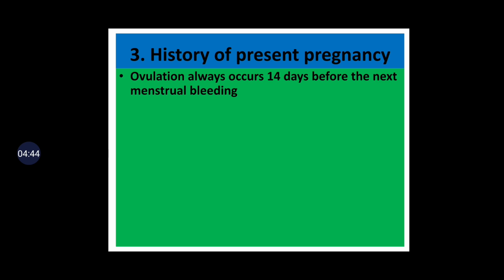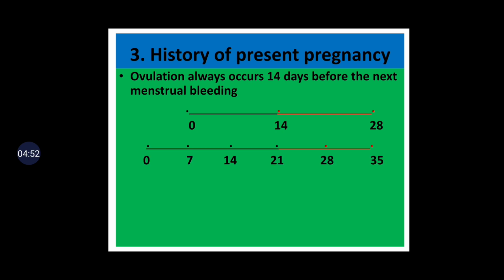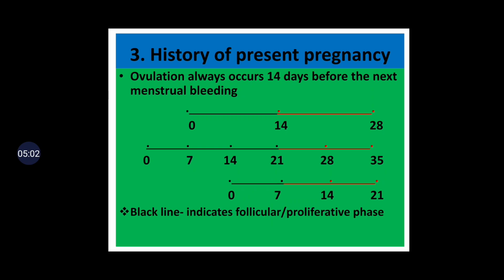Ovulation always occurs 14 days before the next menstrual bleeding. For a typical 28-day cycle, ovulation occurs on day 14. For a longer cycle of 35 days, ovulation occurs on day 21. For a shorter cycle of 21 days, ovulation occurs on day 7.